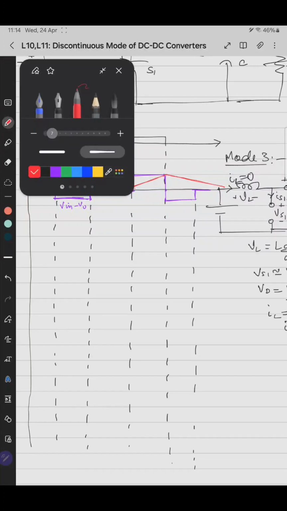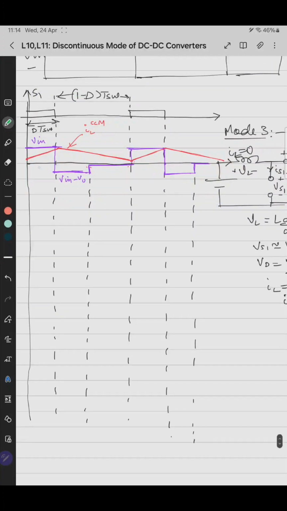Now IL for DCM, if I draw, it will be like this. This part of the waveform will be clipped off. So this will be the ultimate waveform of IL, this triangle.